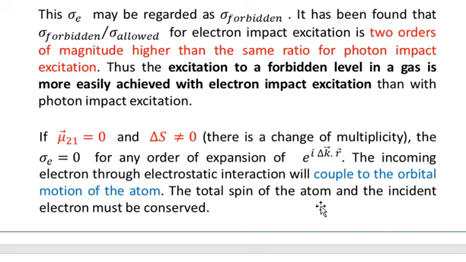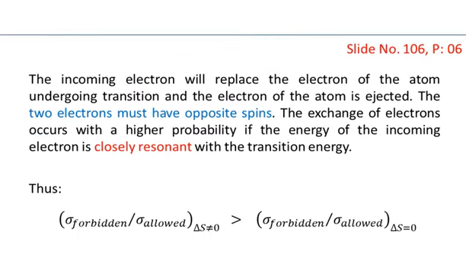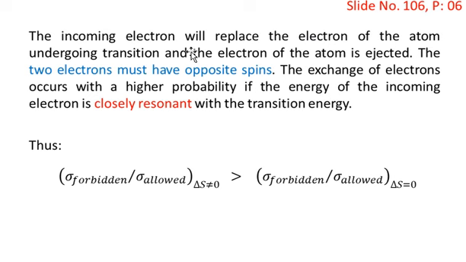The total spin of the atom and the incident electron must be conserved. Under this condition, the incoming electron will replace the electron of the atom undergoing transition, and the electron of the atom is ejected.